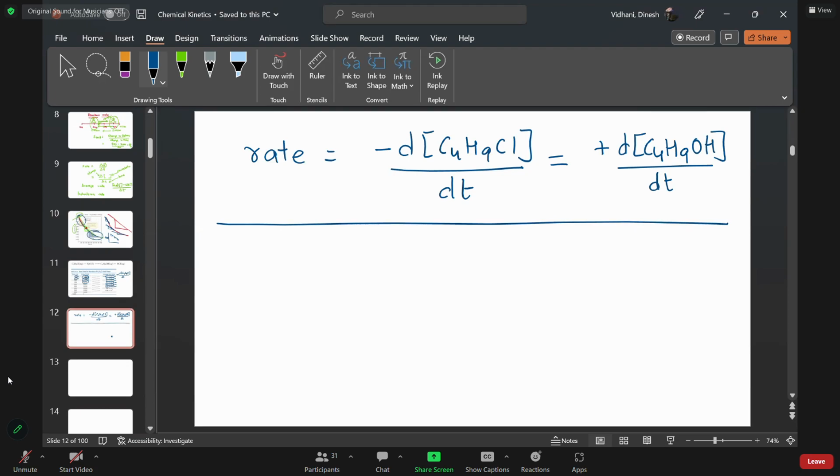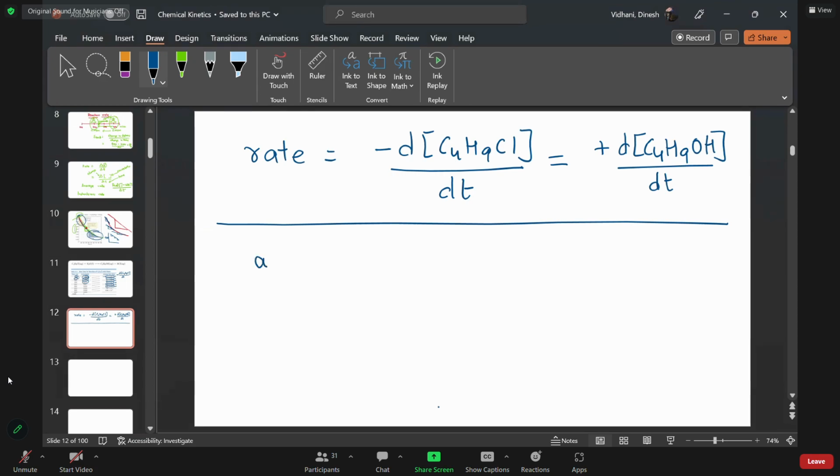Now, when we are thinking about the rates, the reaction stoichiometry also plays a very vital role. Now, what do I mean by that? Suppose you have a reaction, let me put a reaction over here for you. Let me take one generic equation and then we can build on that.